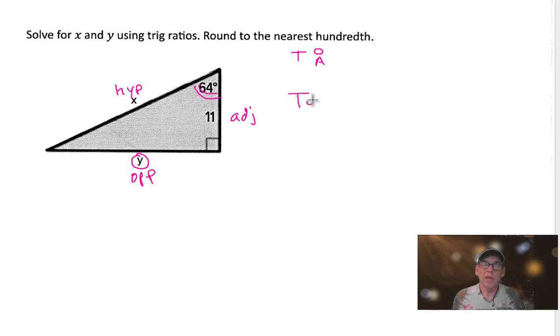So we would say tangent 64 degrees equals the opposite, which is y, over the adjacent, which is 11. Now when we solve for y, we get y equals 11 times the tangent of 64 degrees.